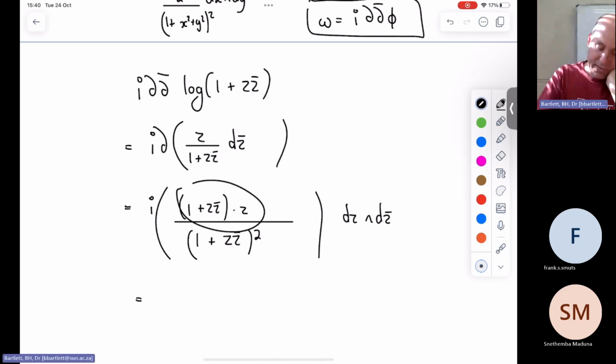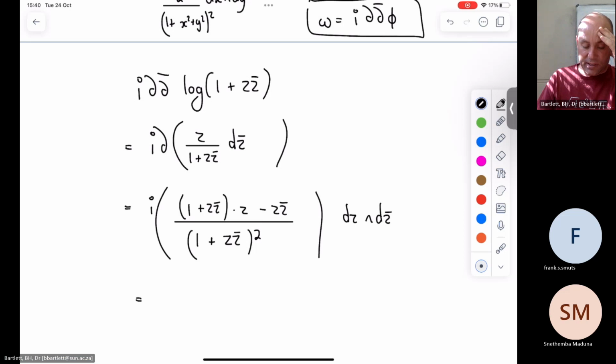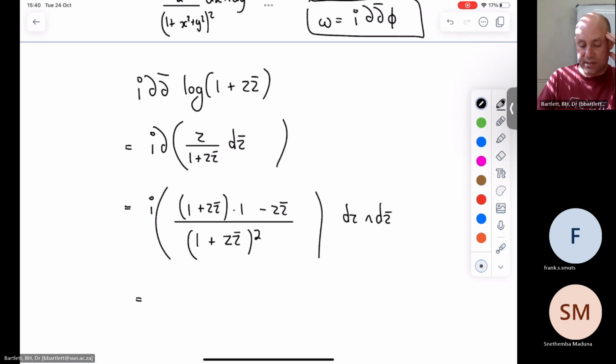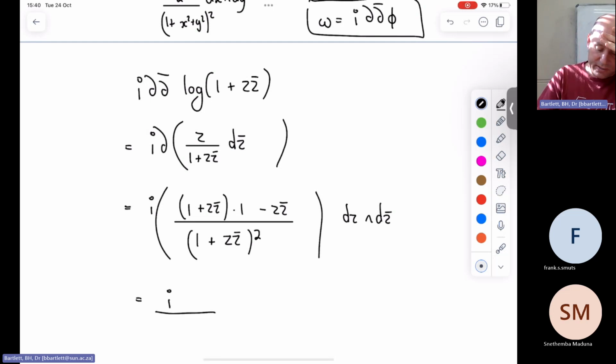So this is the bottom differentiate the top, minus the top differentiate the bottom, give me this. The bottom differentiate the top would be a 1 there, minus the top differentiate the bottom will give me that. So I get this, this cancels, right?